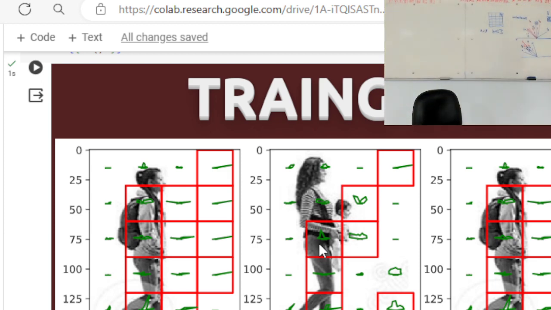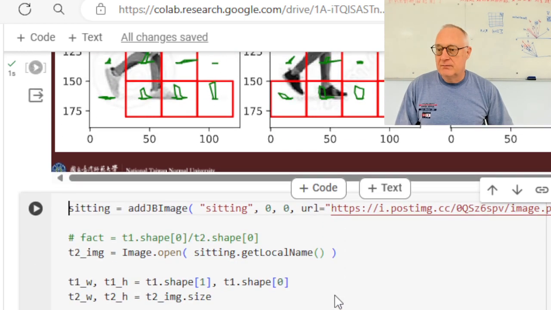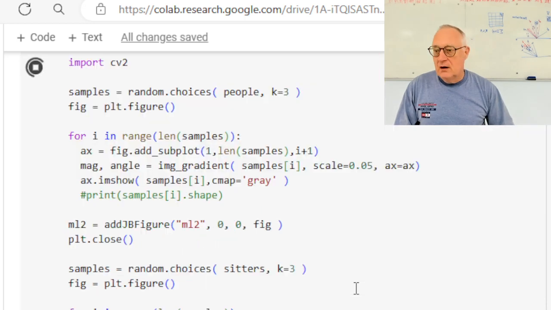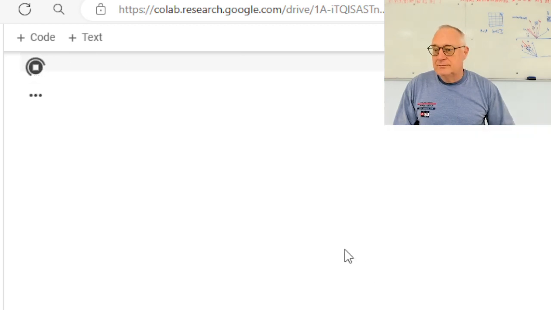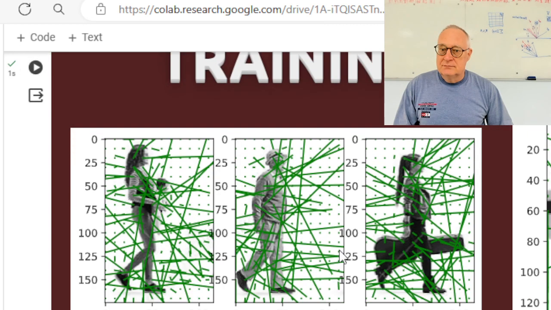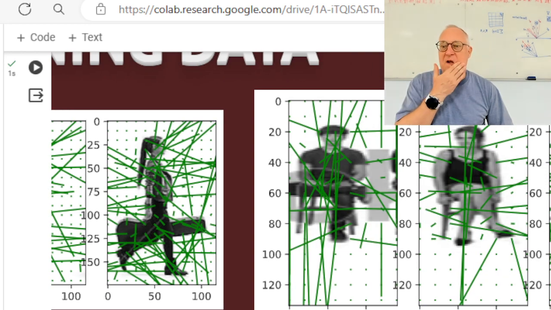So I can simply apply my HOG feature detector for each one of the images that show people walking, and then train it, and I say this is what the group of HOG features should look like if there is a person walking through. And then I can take the same for people sitting. Okay, so the particular problem here was we wanted to distinguish people sitting from people walking.